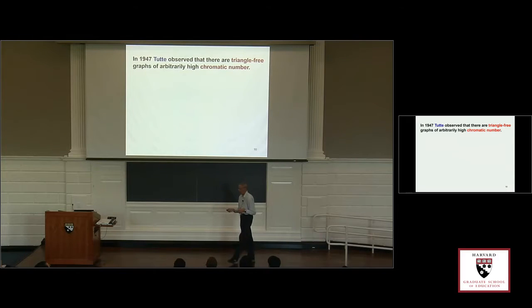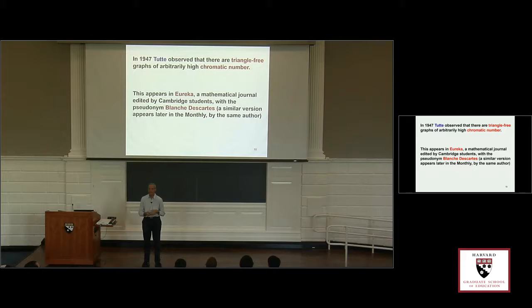Now, the first proof, or really observation, that there are graphs of arbitrarily high chromatic number which do not contain triangles was first proved by Tutte in 1947, and it appeared in Eureka, which is a journal edited by students in Cambridge, England.